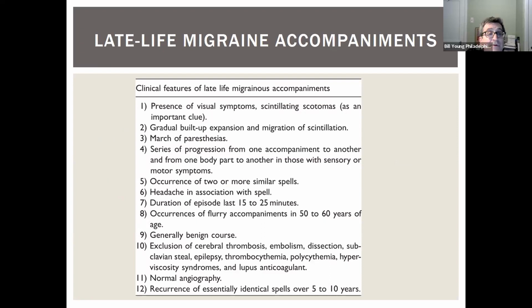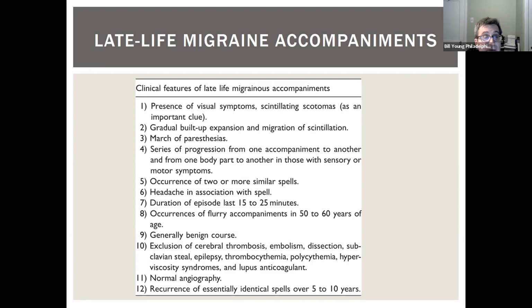The numbness can spread like an aura. And there's often progression of one type of symptom, like a visual, into another, like a sensory or a motor. And there can be the same type of spell happening over and over, just like an aura.